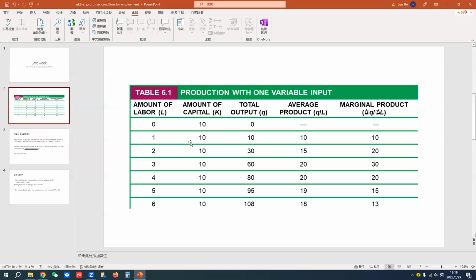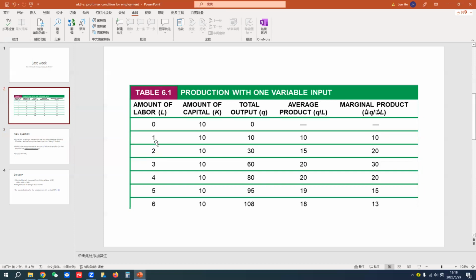Well, here, from 0 to 1, by hiring this one additional labor, this one labor can produce 10 units of product, which is the marginal product. So this marginal product accurately reports the working efficiency, if you will, of the first laborer, which is 10 units of output, right?